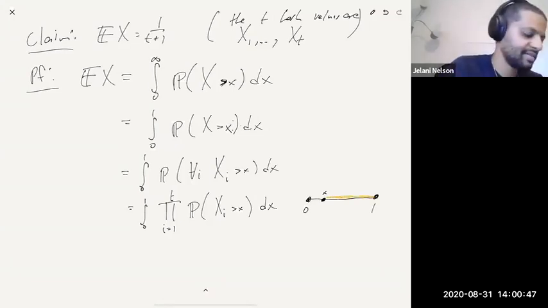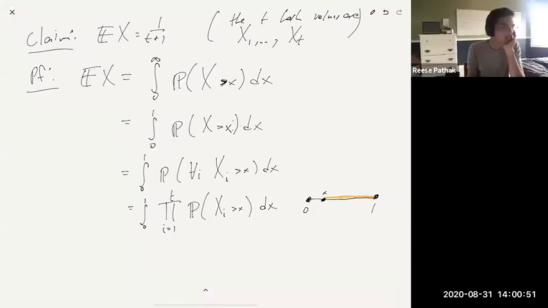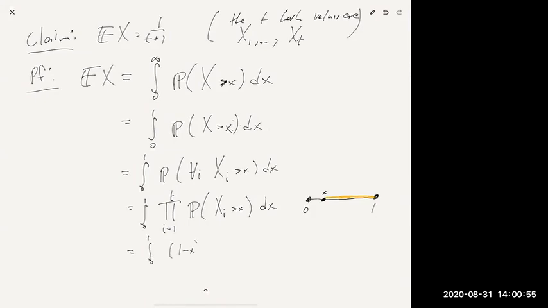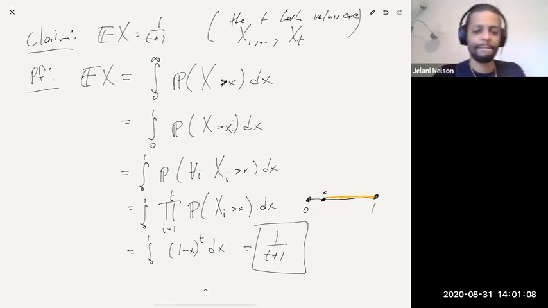What's that probability? 1 minus x, right? So this is equal to the integral from 0 to 1 of (1 minus x) to the t-th power dx. Okay. And you all know calculus. If you do a substitution and integrate this, you will get exactly what I said. You'll get 1 over t plus 1. Okay. So that's that.